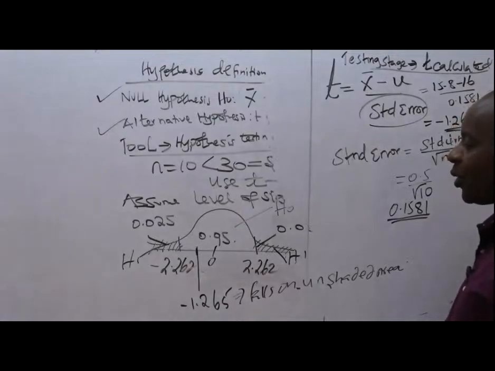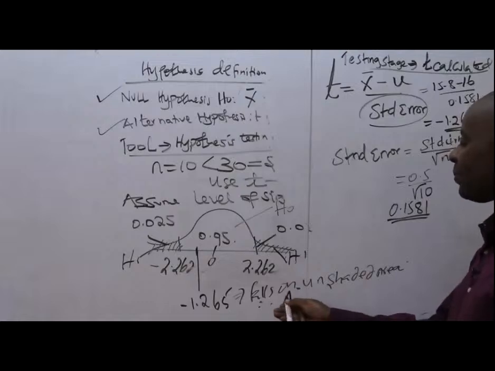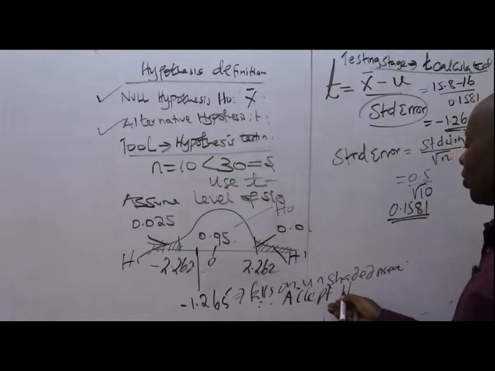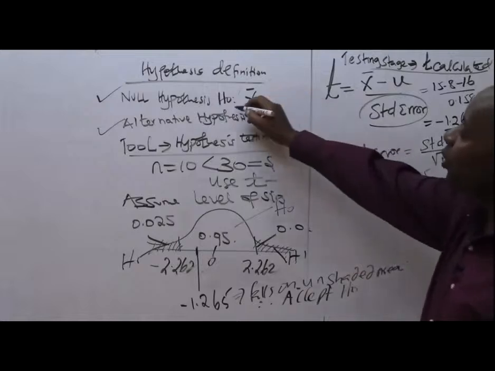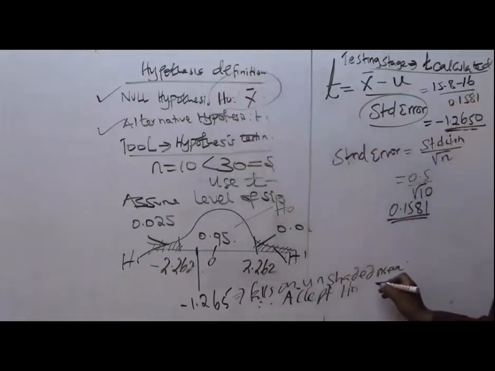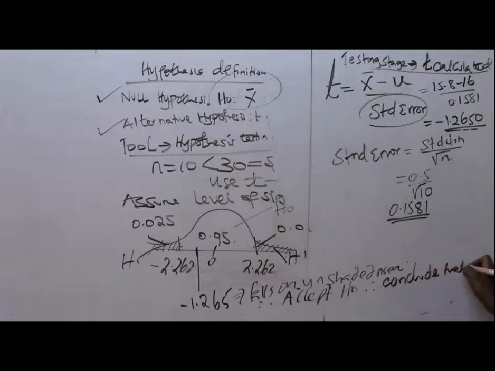Right? So in this particular case, you've told me that it falls on the unshaded area, and therefore, accept H0, and conclude that X bar equals mu.